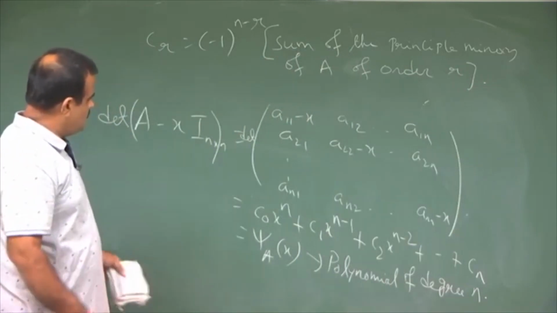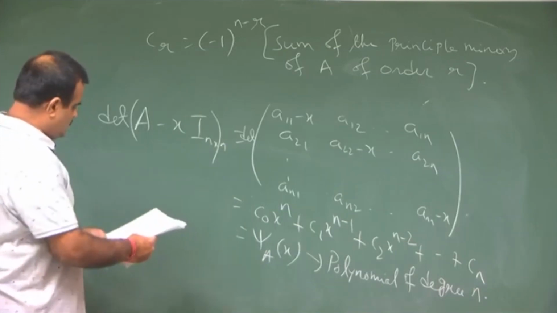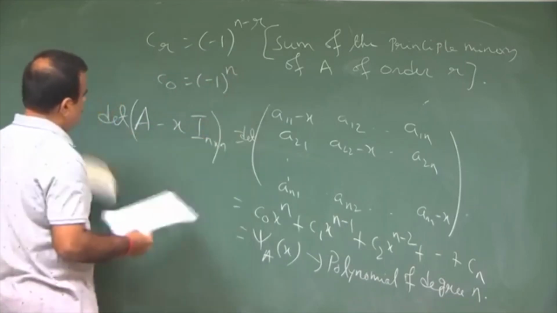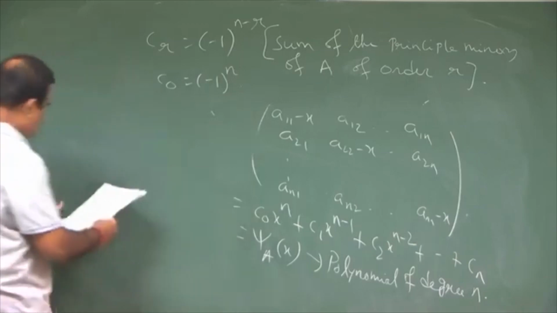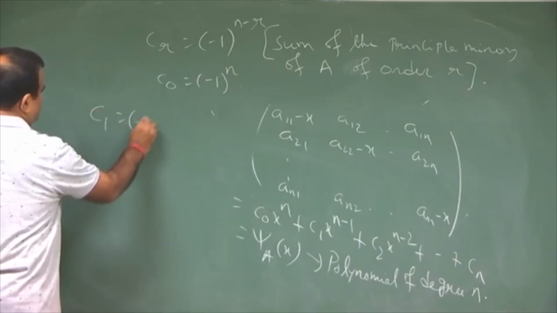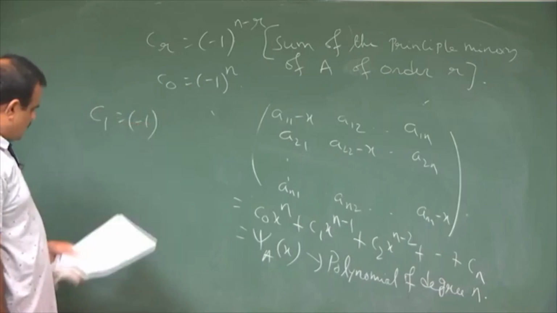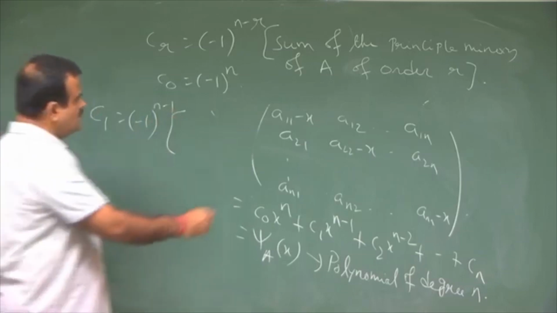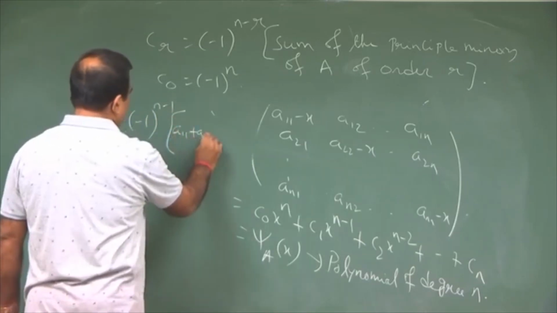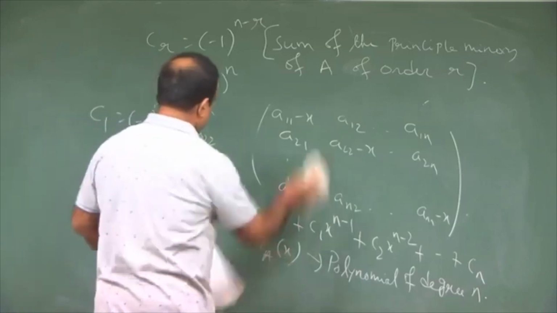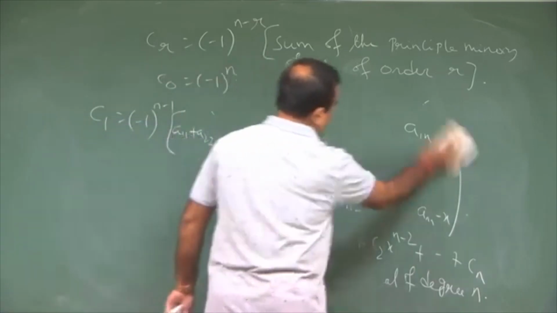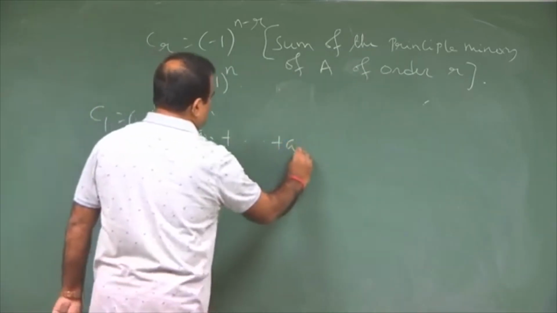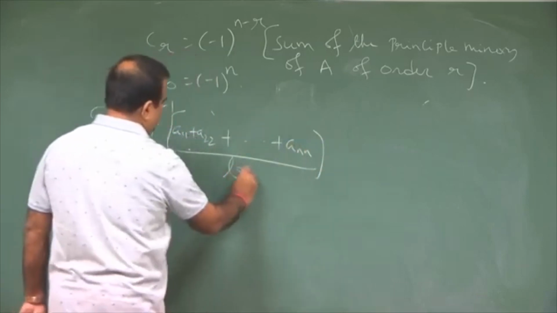So, what is c1? c0 is basically minus 1 to the power n, and c1, with r equal to 1, is minus 1 to the power n minus 1 times the sum of the principal minors of order 1. Order 1 means the diagonal elements, so a11 plus a22 plus dot dot dot plus ann, and this is called the trace of a matrix.